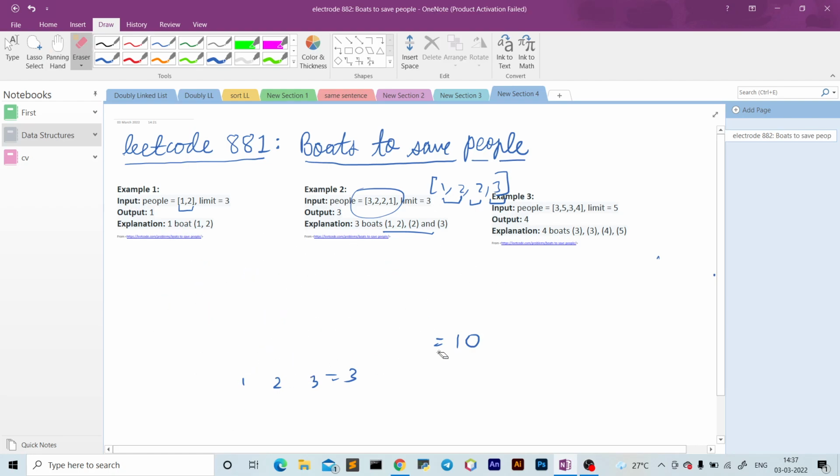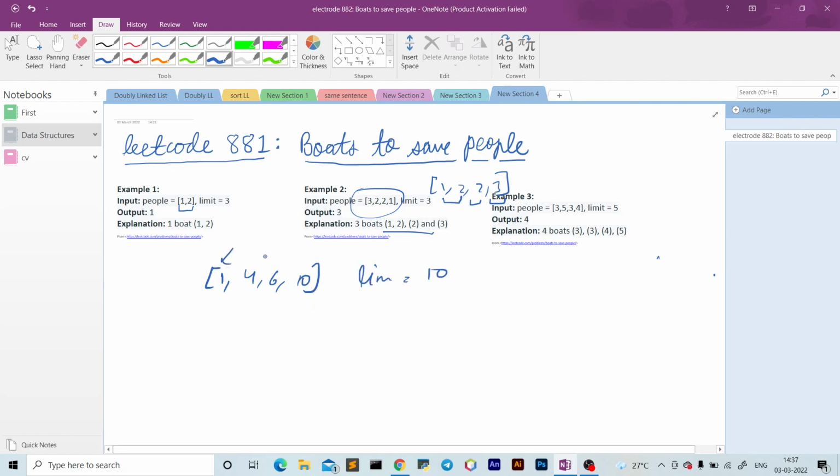So what we could do is sort the given array. Let's say the previous example 1 4 6 9. Now let's say this is not 9 but 10, and the limit is 10.